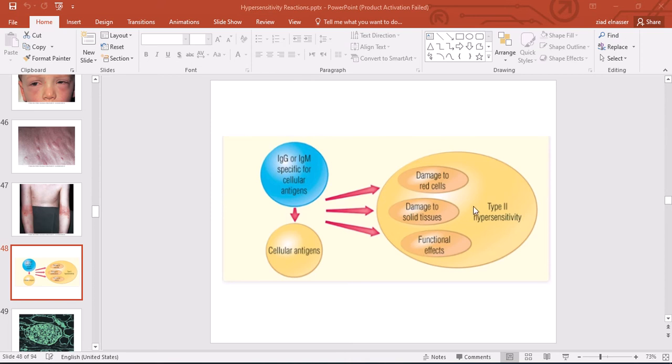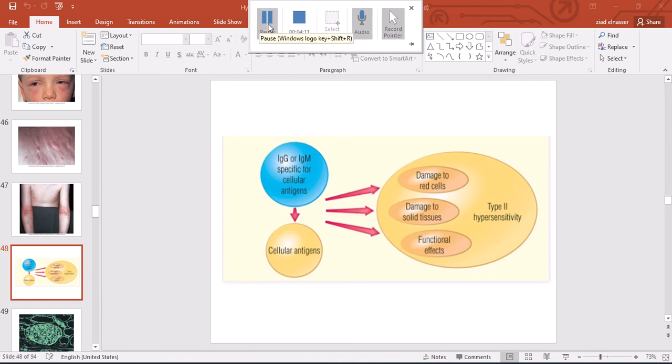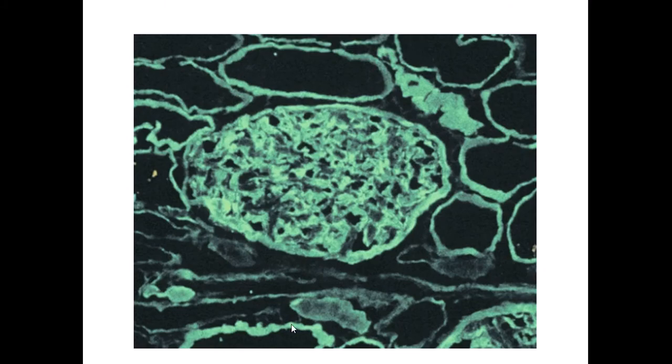So you have to know the names of the diseases and the immune mechanisms that are involved, and how we make the diagnosis. We will see in most of these diseases, type 2 and type 3, where antibodies are involved, usually the kidney is going to be affected.